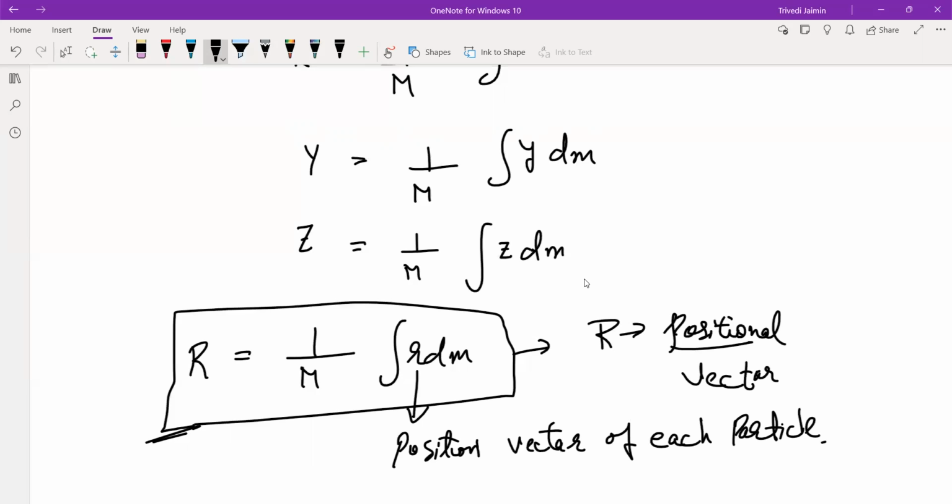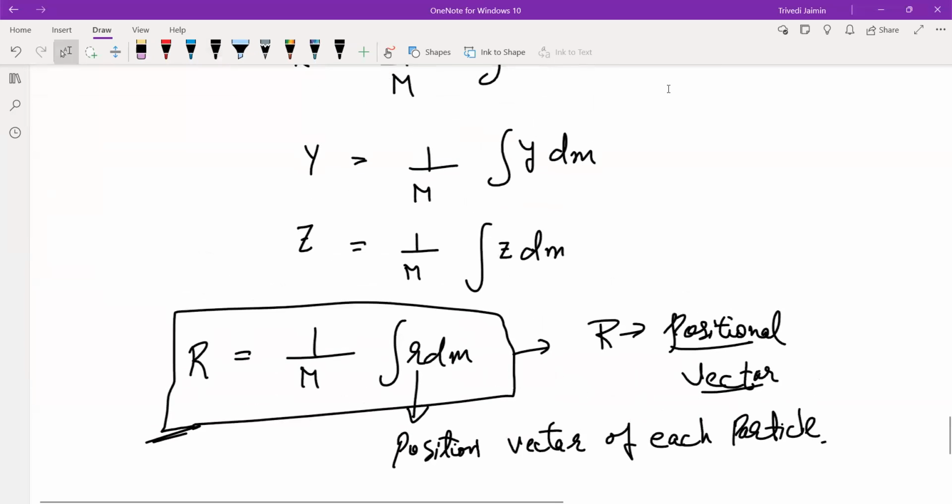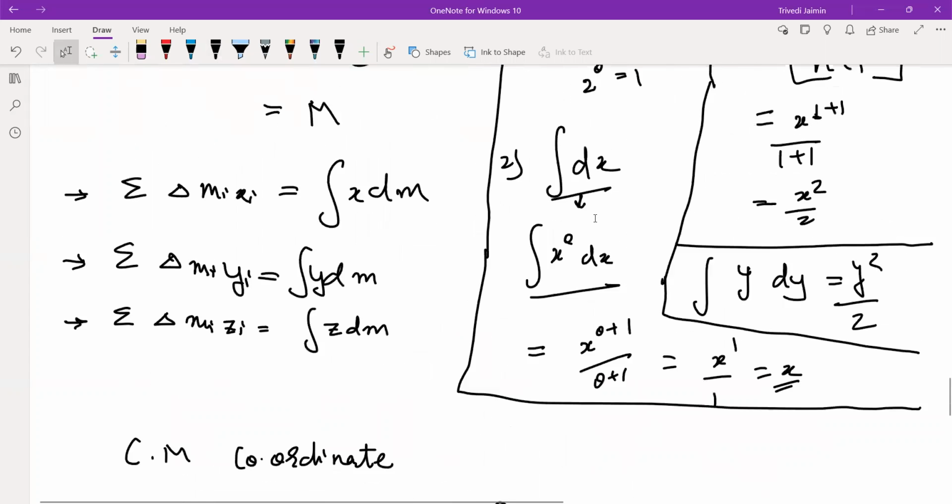So capital R is the positional vector, and small r is the position vector of each particle. Is it clear, capital R and small r? Is there any confusion till now? No, sir.